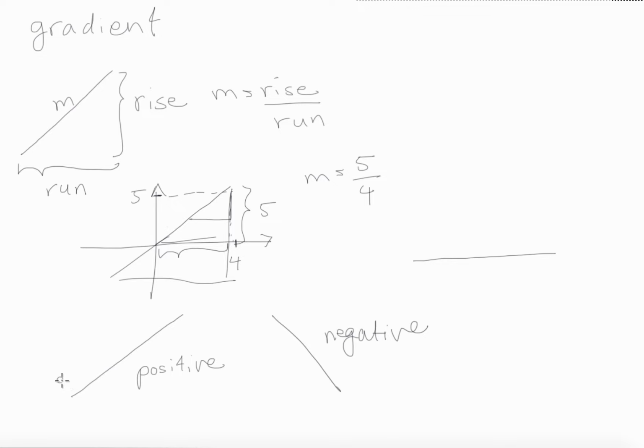Let's say you're here and you're going up a ramp. You can clearly see that this ramp has a slope. Whereas if you're standing here and you want to go up this ramp, well, this is not actually a ramp. This is just a flat surface. So the gradient here is basically 0.